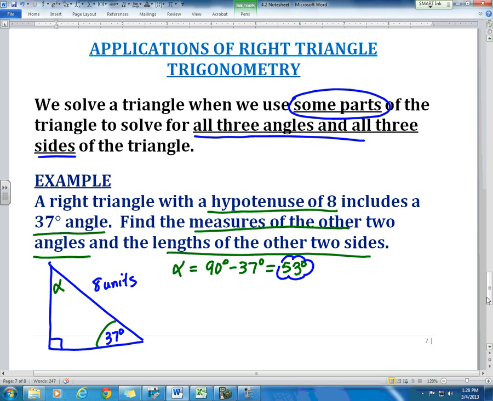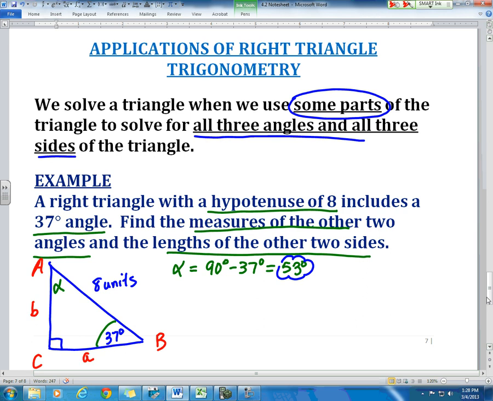And then if I want to figure out the other 2 sides, say I label this triangle A, B, C. Then this side will be little b and this side will be little a.